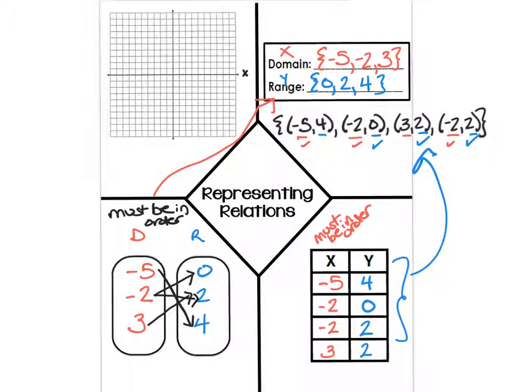The last thing we need to do is plot our points. This is my x, and this is the y. So my first point was (-5, 4). We start at the origin, and we go left 5: 1, 2, 3, 4, 5. And we go up 4: 1, 2, 3, 4. And there's our point.